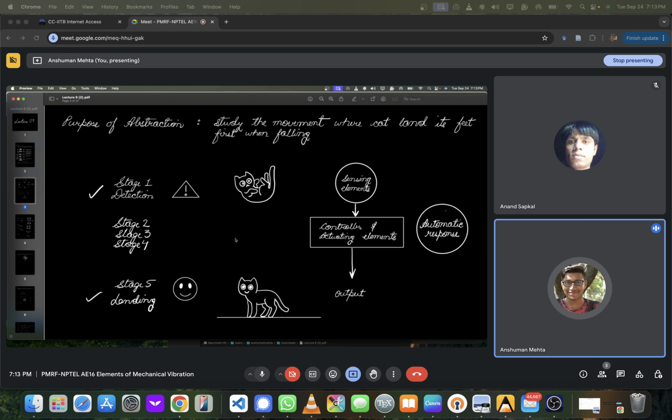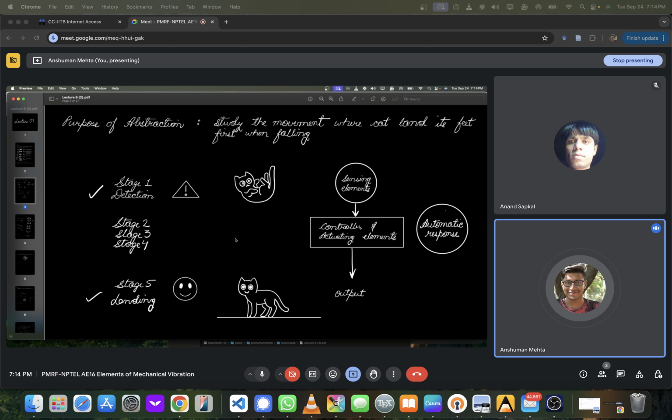To prevent that jam from sticking to the floor, what the cat can do is flip, and that is the flipping that is happening. So this is a simple sensor design which we can do. That will give us the basic equipment of stage 1 and stage 5. Stage 1 is detection, stage 5 is landing.